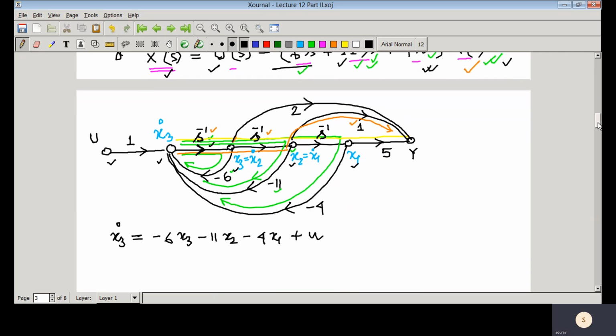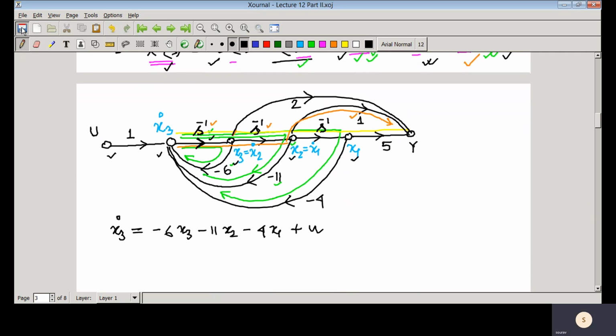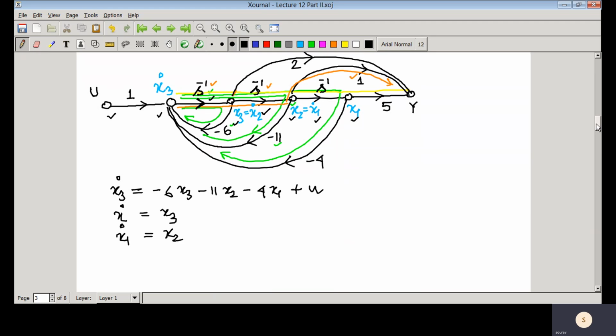So this is one state equation, just directly I have written from this diagram. Then we have x2 dot equal to x3, and we have x1 dot equal to x2. So we have three state equations.